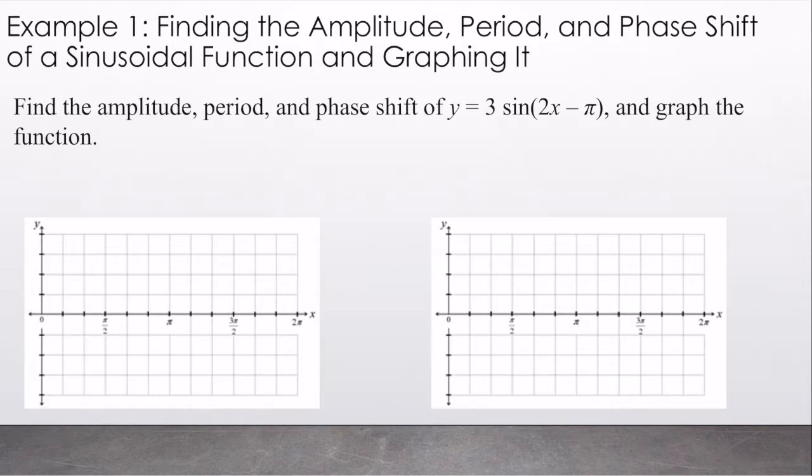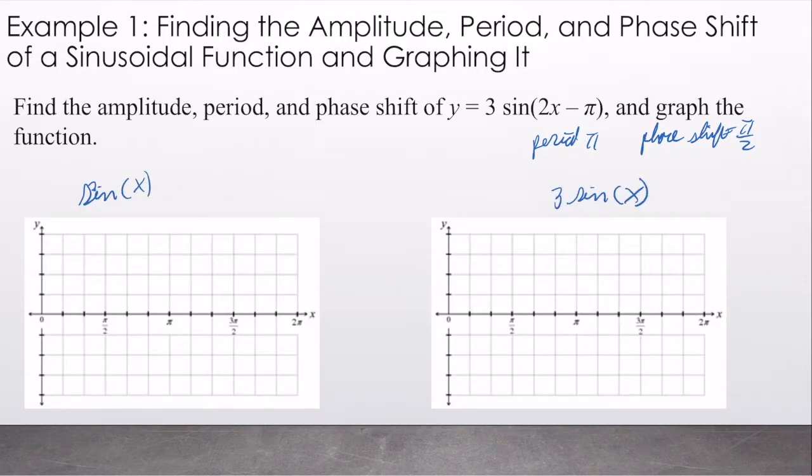So the first thing I need to remember is that my phase shift is pi over 2, and my period is pi. So let's graph. First, we're going to graph sine of x. Then we'll graph 3 sine of x.